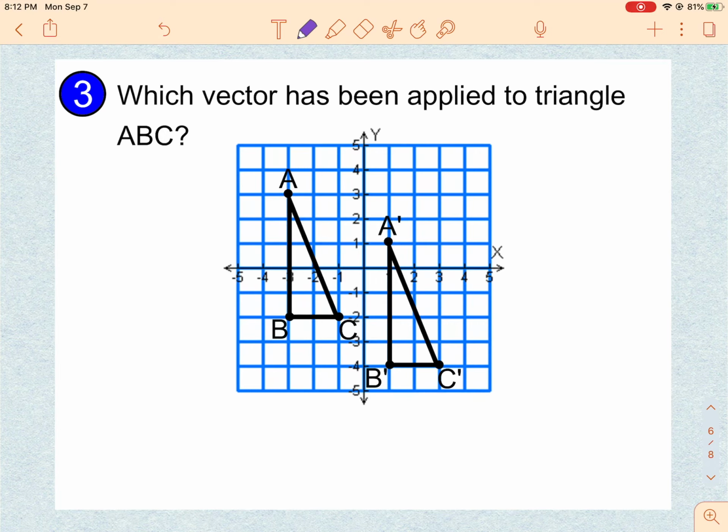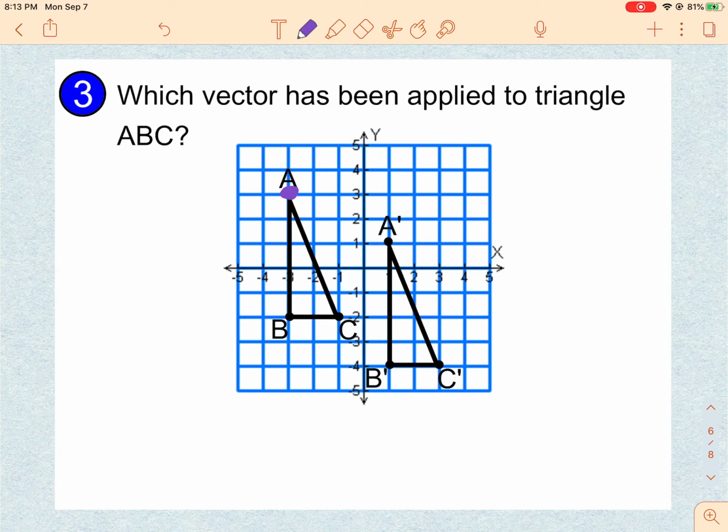Taking a look at number 3, we're working backwards now. We know you go from A to A prime, so you went from this one to that one. And we want to figure out what was the vector. Now we know it's every point, but you really just need to focus on one.